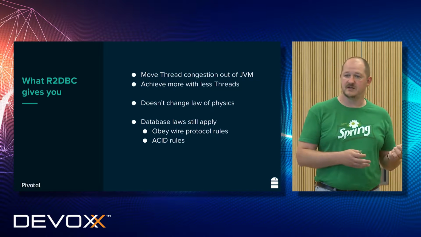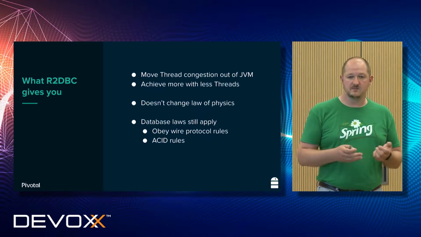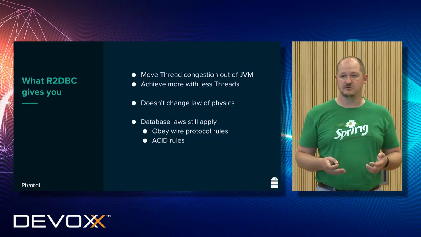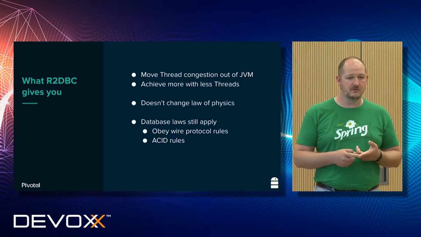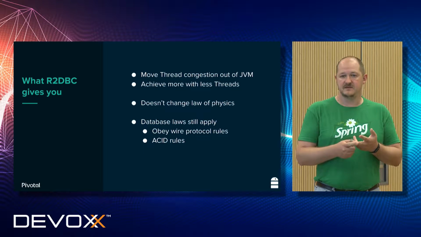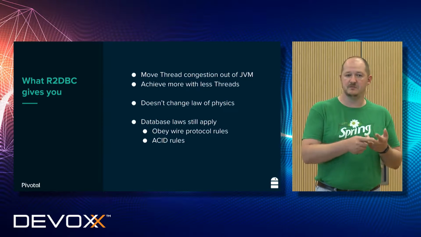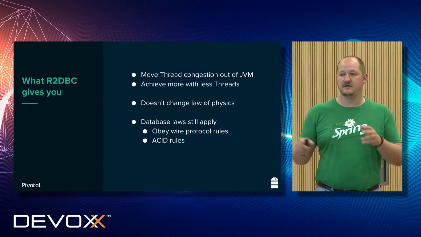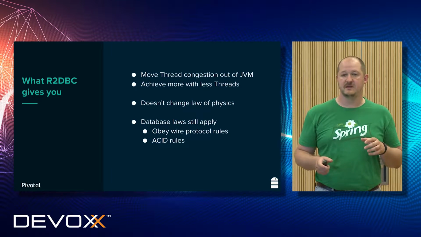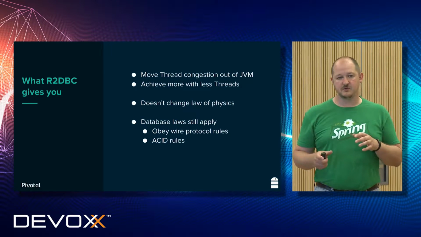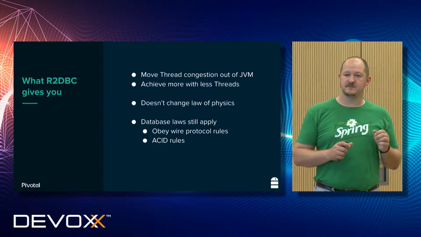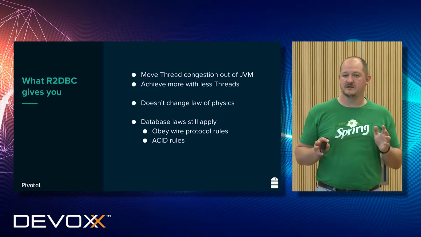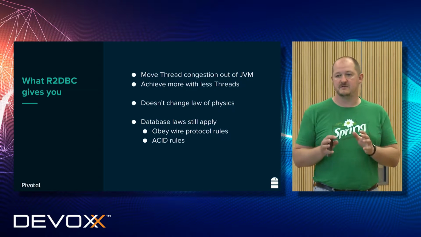They do not suddenly change things because a small fraction of users is going to do a fancy thing called reactive programming. We still have to talk with the same protocols. We have to obey the laws. If locking happens, yeah, these things happen, but they do not happen any longer within the JVM. They entirely happen on database level. This might lead to the fact that you probably need more connections than previously. But from a JVM perspective, that's a very convenient way how to look on that. From a database perspective, that's, however, a different topic.